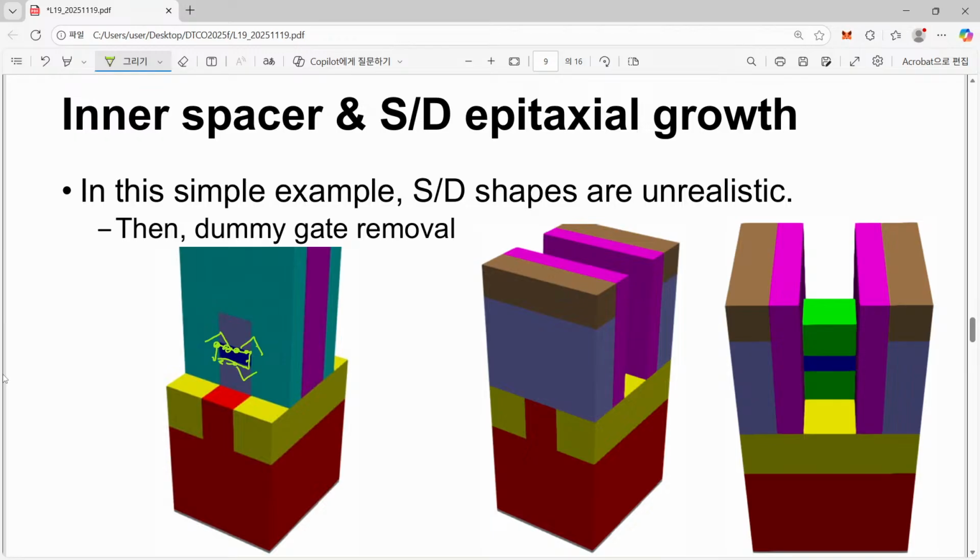If we wait for a while, then usually starting from this one, we have this kind of shape. Previously we had a fin, and starting from this point we had certain lines. That's the reason why we had this diamond. In the FinFET case, our starting point was this one, so eventually we have a shape like this.